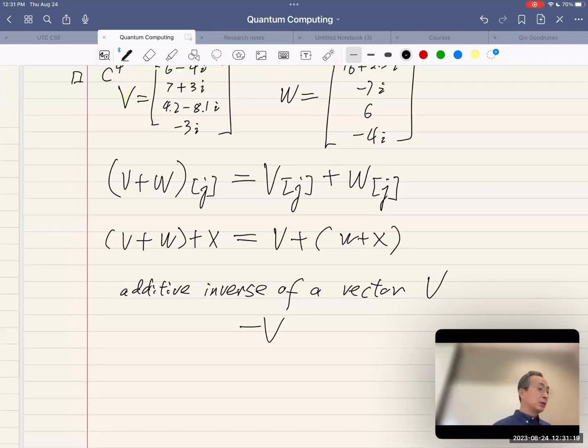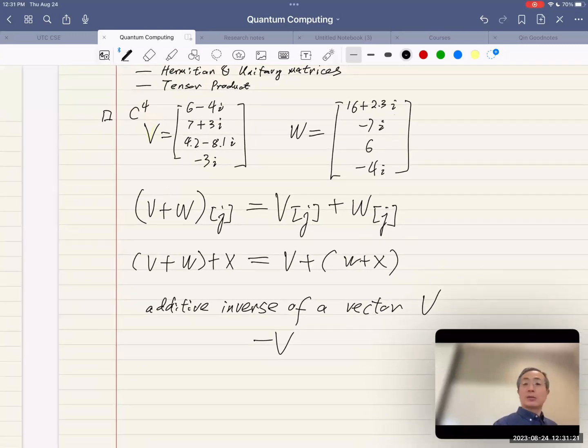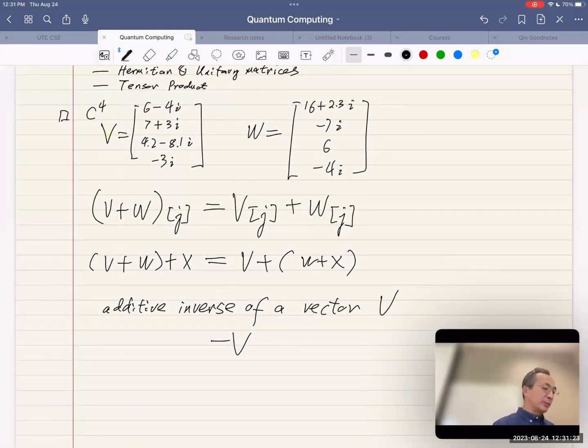So for the v at the top, the minus v at the bottom will be, we can just take everything negative: minus 6 plus 4i, minus 7 minus 3i, minus 4.2 plus 8.1i, and this was plus 3i.